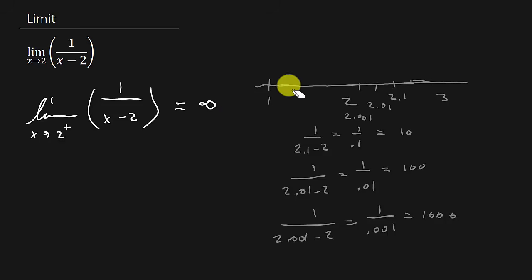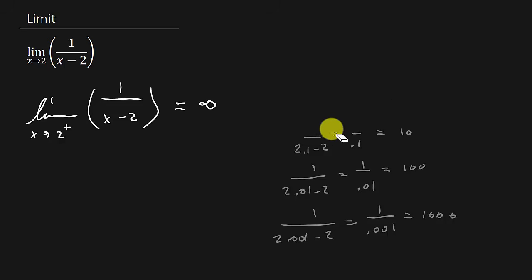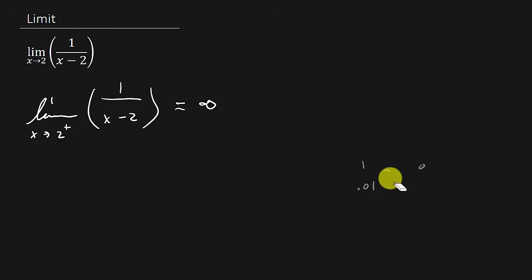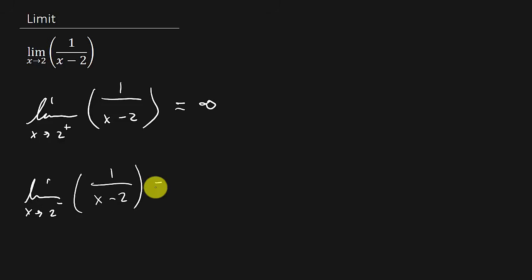Okay? All right. Now, let's find the limit as x approaches 2 from the left. That's what the little minus sign there is. All right? So once again, if we draw the number line, we've got the number 1, and then the number 2, and then 3's out here.